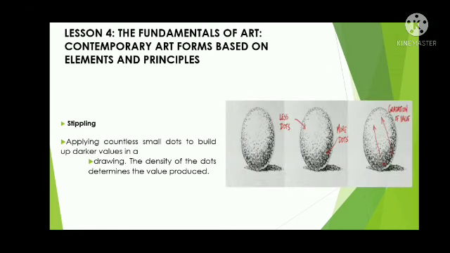Next, we have the stippling pencil drawing technique. In the stippling technique, we are applying countless small dots to build up darker values or lighter values in our spherical ball or in our drawing. The density of the dots determines the value produced.